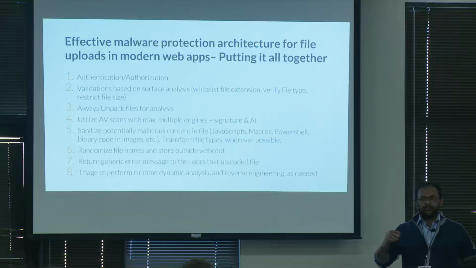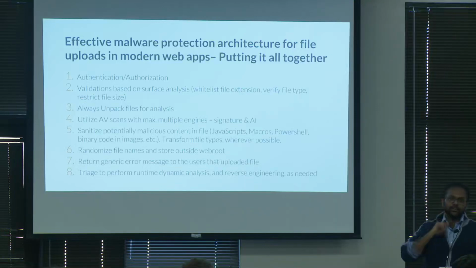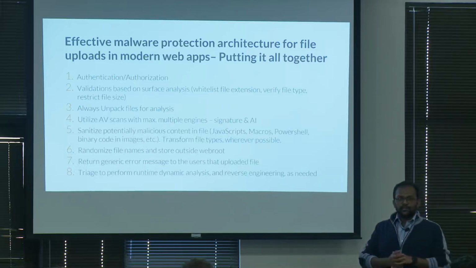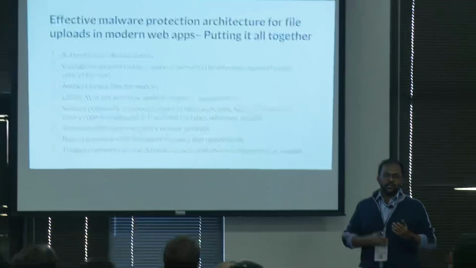And it's good to have a mixture of AV engines, a mixture of technology that works based on signatures versus machine learning based algorithms. Number 5, sanitize the file, meaning if there is a JavaScript in a PDF, there is no reason an application needs JavaScript in a PDF. So sanitize those malicious, embedded objects in the file.